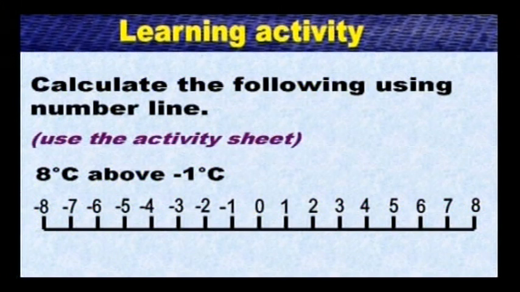You have to work either in pairs or in threes. Students, remember the key things. Positive numbers, the arrow must go right. Negative integers, the arrow must go left direction.